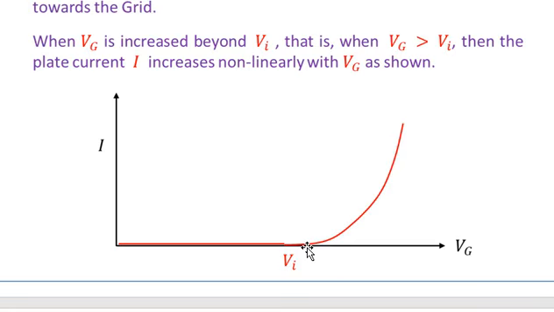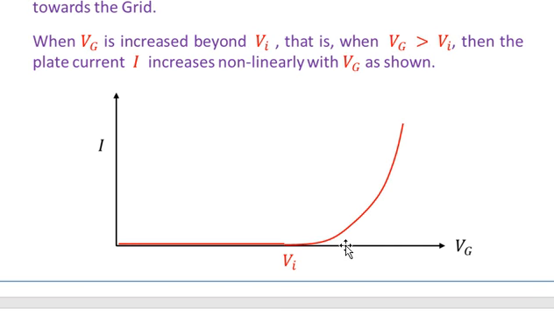So the current becomes non-zero here. So we can say that Vg is now equal to Vi. When Vg is further increased, the electrons are more energetic. There will be more collisions. There are more chances that the electrons, while hitting the neutral mercury atoms, will ionize them. So more ionized mercury atoms will be available in the chamber.